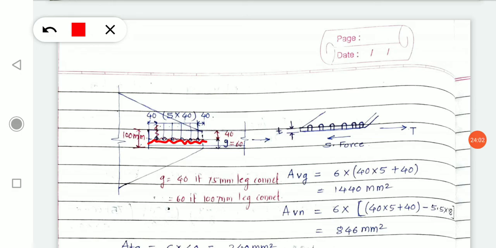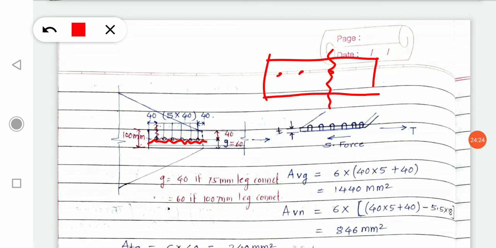Why does this happen? Because stress concentration occurs alongside the net area. Whenever you put a hole inside any gusset or angle, let's suppose this is one leg of the angle, and you are putting holes inside it, you are reducing the cross section area of that angle, right?